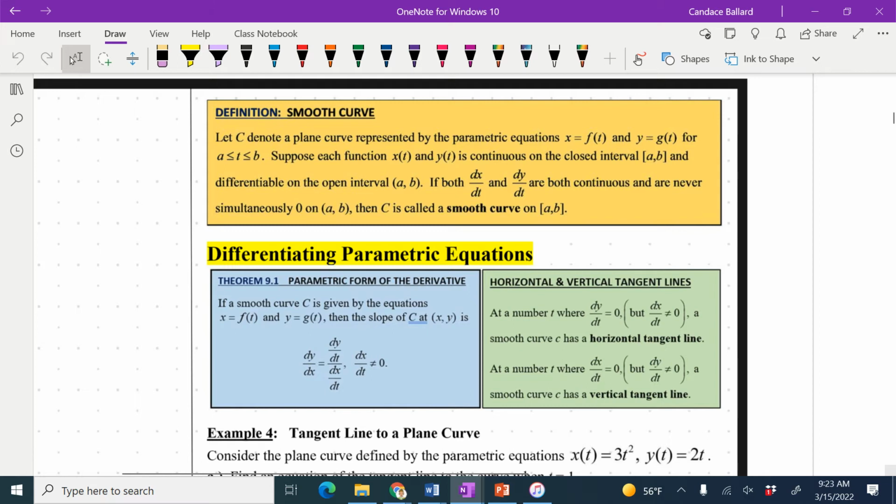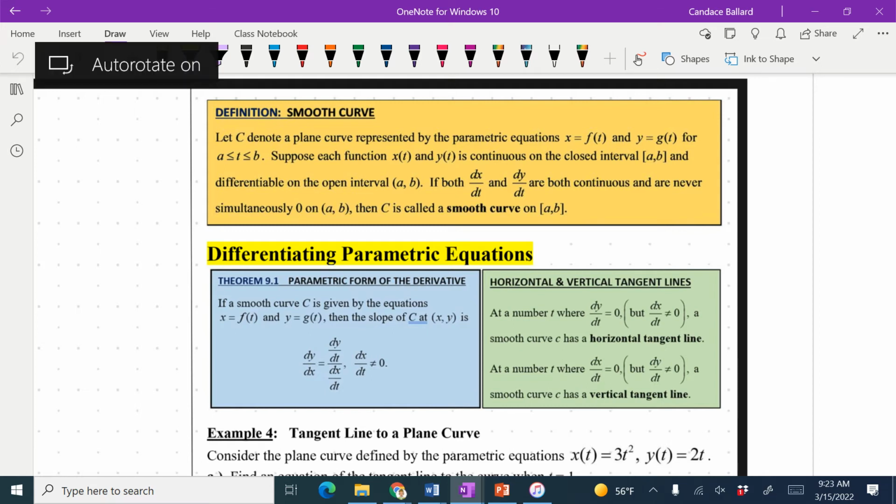About 30 more seconds to read it to yourself. If you've read it once, skim it again.